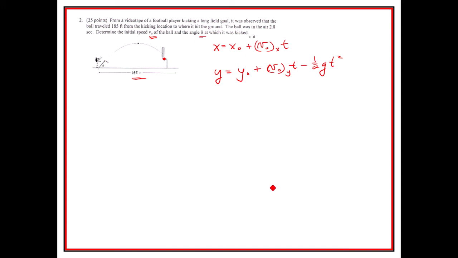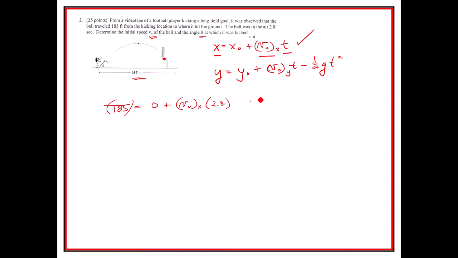So what we can do is figure out the velocity in the x direction, because we know the time and the distance that it moved. So 185 equals 0 plus V0x times that time, which was 2.8 seconds.